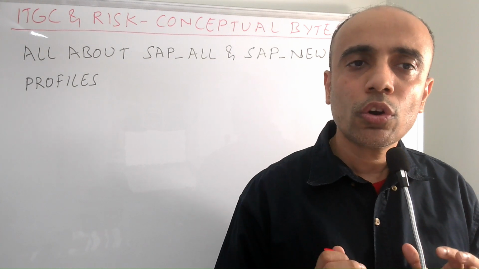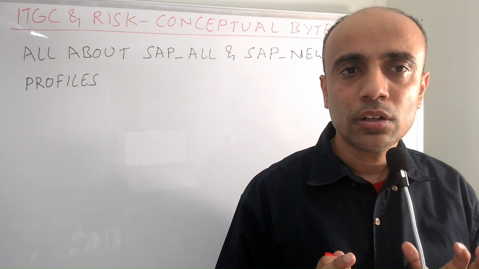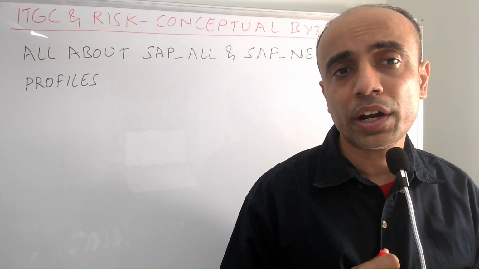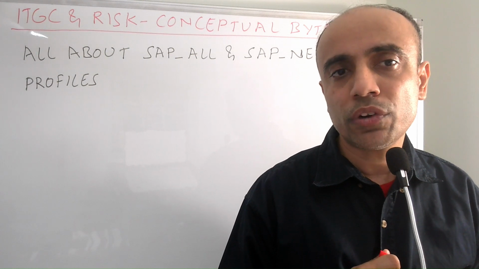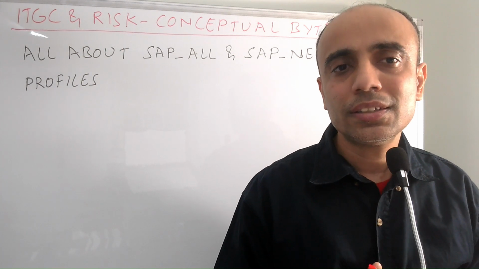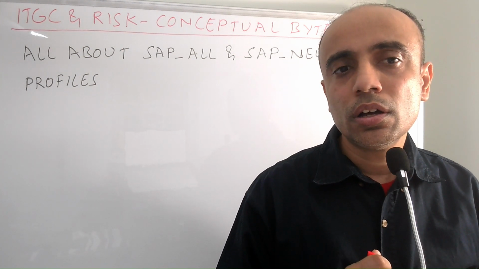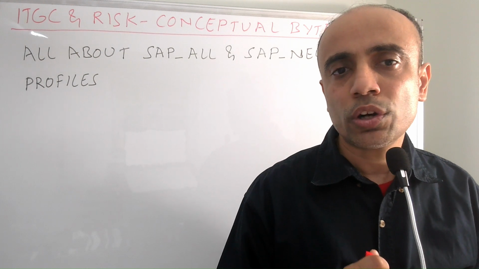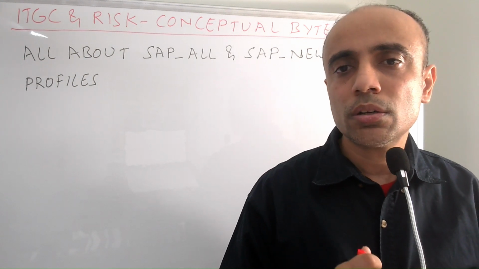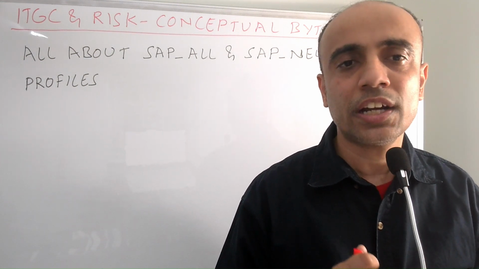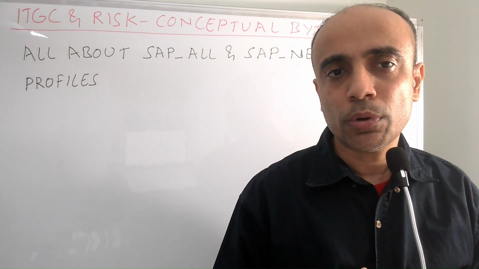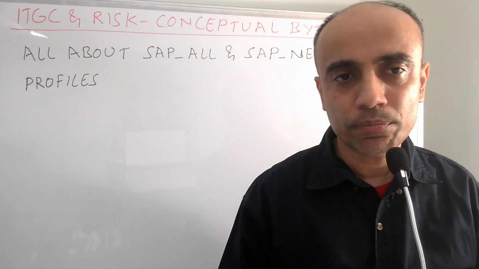So overall, from a testing perspective, not to overcomplicate and over-engineer this testing, step 1 is to find users with these profiles and the roles with these profiles, which is SAP_all and SAP_new. Second key step is to make sure that these profiles are not assigned long term, for which you need to check when SAP_all and SAP_new were assigned or removed, which you can do through the T codes we talked about, which is SU01 and SUIM.